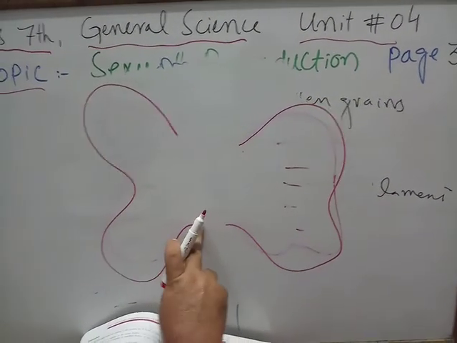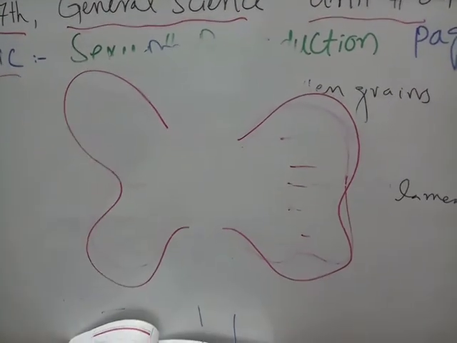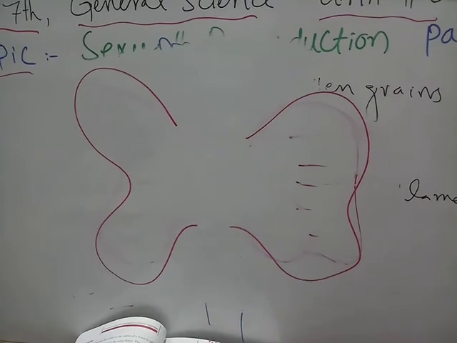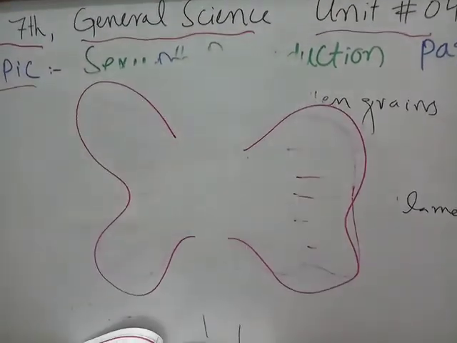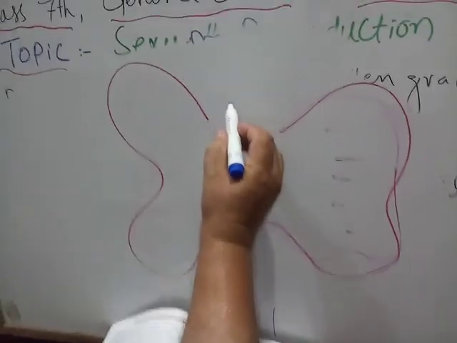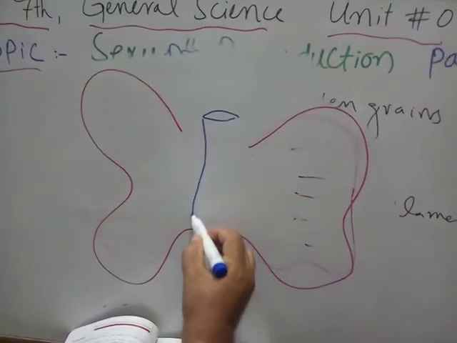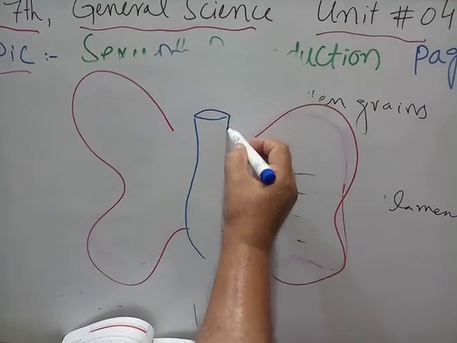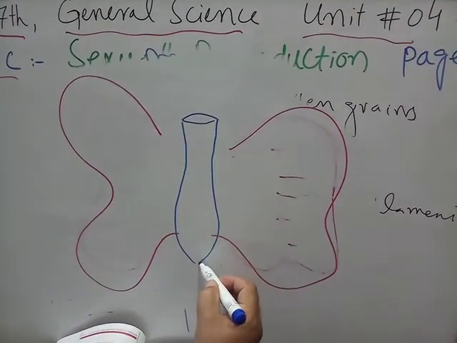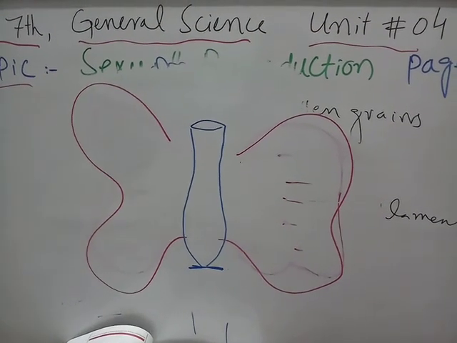It looks very awesome, and insects are actually attracted by these petals. They come and suck the nectar. Let's say this is the ovary. It's the female part of the plant.